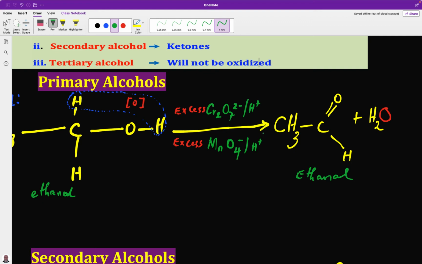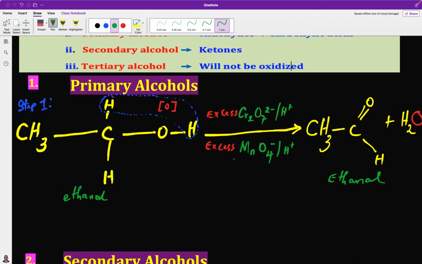In the same way, if a suitable oxidizing agent such as acidified potassium manganate 7 was used as our oxidizing agent, when oxidation occurs, the color of the solution will change from purple to colorless.